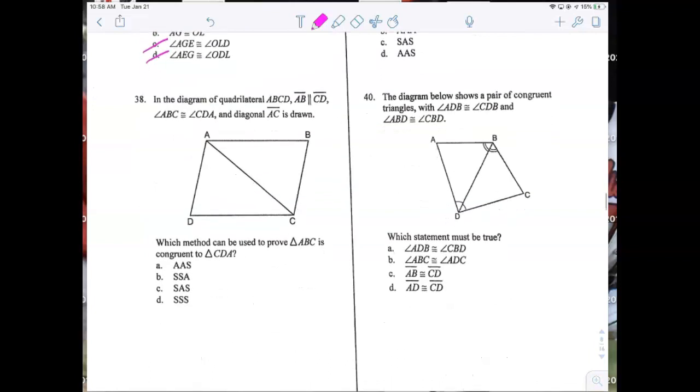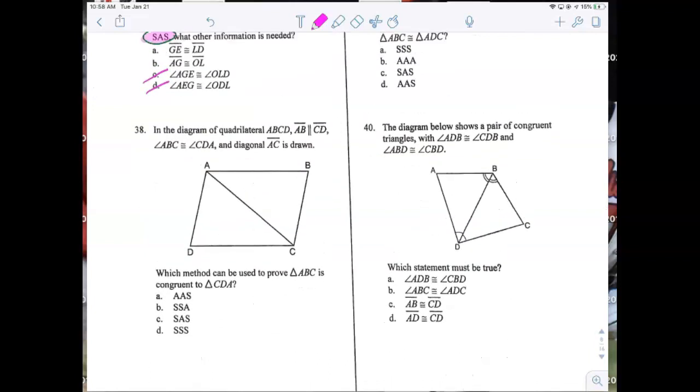If we look at choice 38, same idea. We're going to mark it. Any time you have parallel lines and a picture having to do with triangles, you always want to look for alternate interior angles. So I'm going to mark these up. Since we have parallel lines, alternate interior angles are congruent. We also have a line touching, which is the reflexive property. And they also told us that ABC, which is up here, is congruent to ADC, or CDA, which is over here.